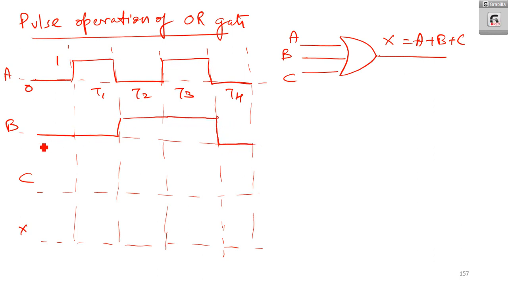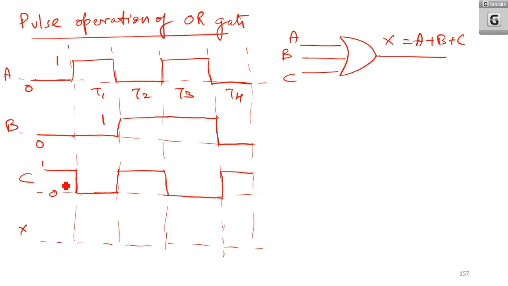This is logic 0 and this is logic 1. Then for the others, 1, 0, 1, 0, 1. Okay. So you have got 3 pulse trains of A, B and C.